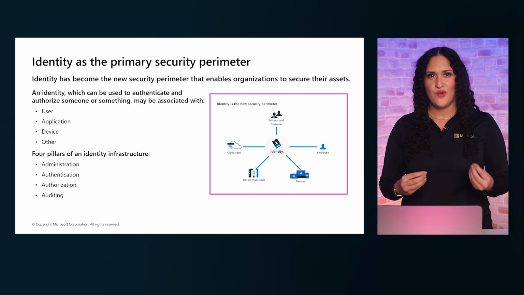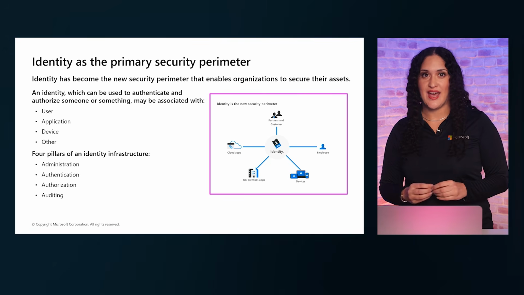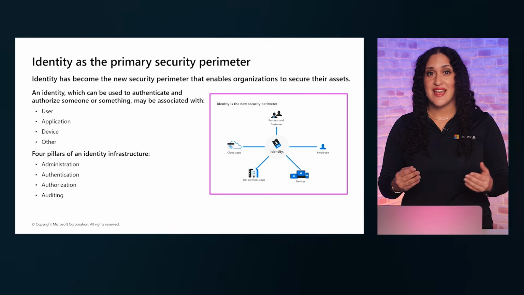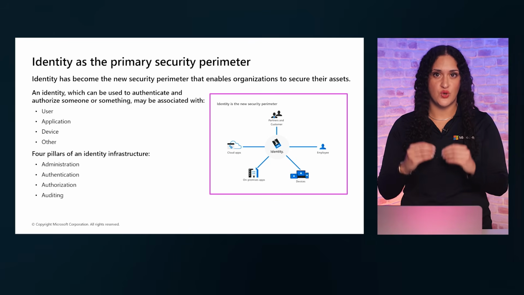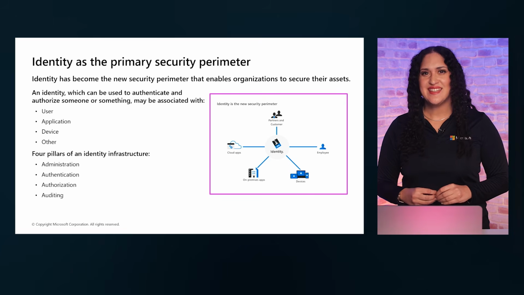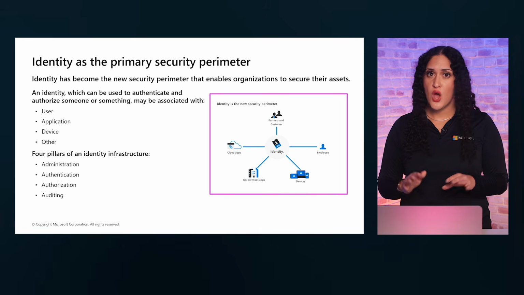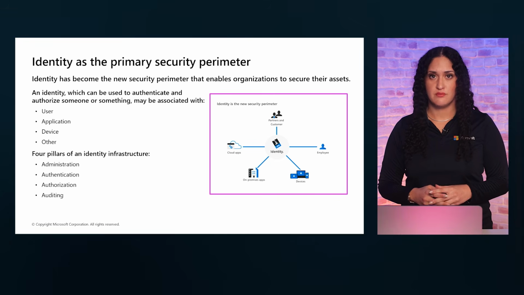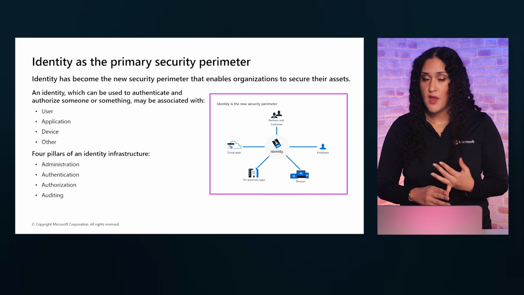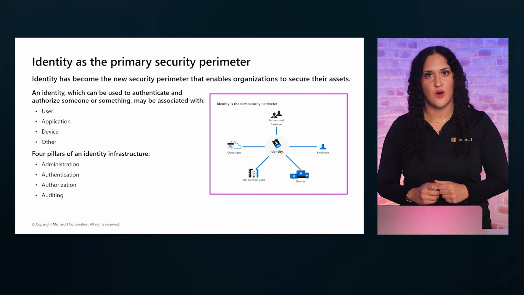After understanding how authentication proves who you are and authorization defines what you can access, the next step is to see why identity itself has become the center of modern security. Identity is now the primary security perimeter because access to applications, data, and systems no longer depends on being inside a corporate network. Users work remotely, devices connect from anywhere, and applications live in the cloud.